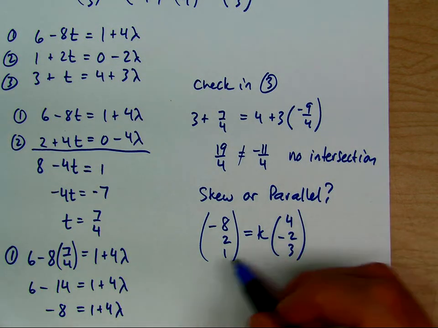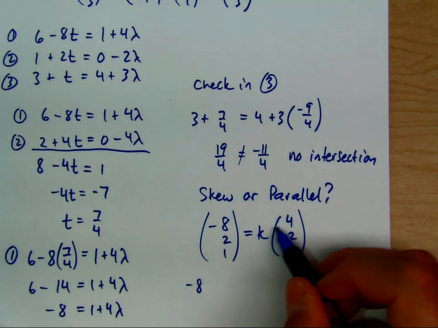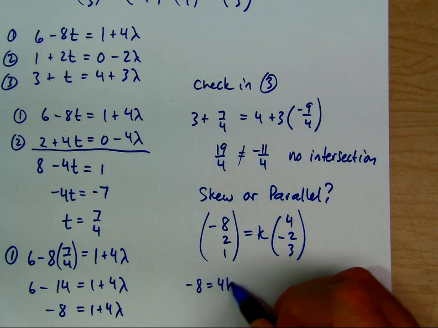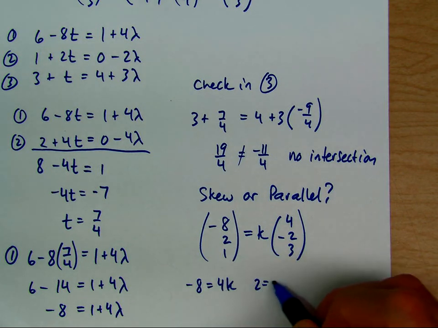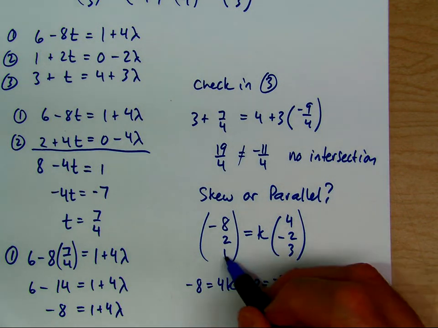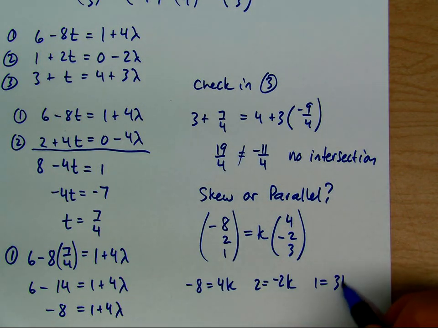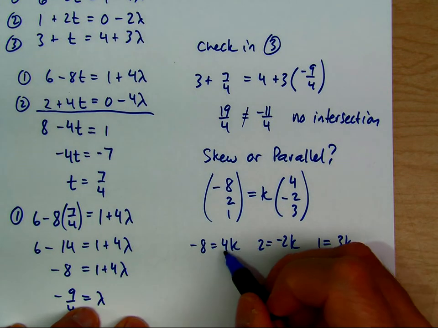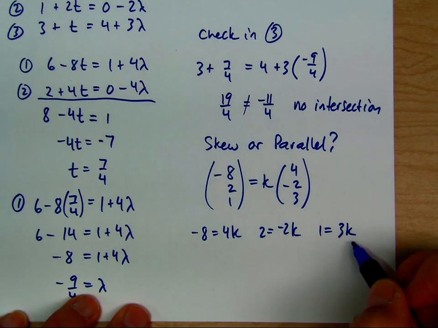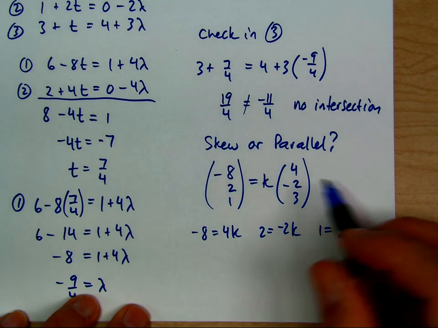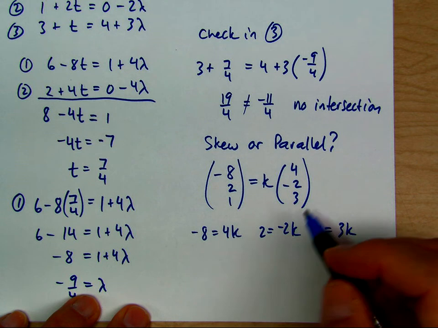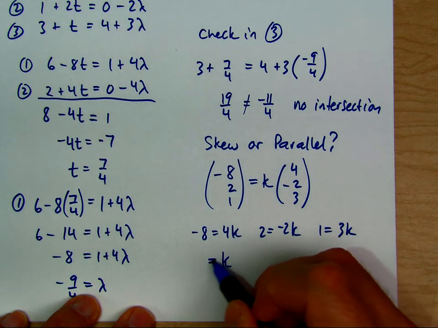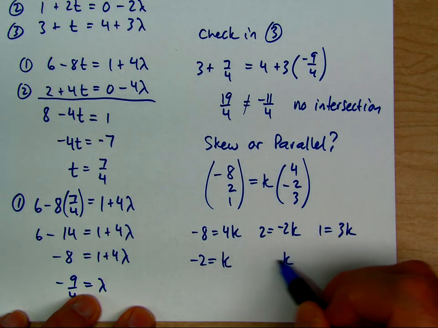And then we just check negative 8 equals 4k, 2 equals negative 2k, 1 equals 3k. If we get the same value of k for all of them, then the vectors are parallel. But here we have negative 2 for k, here we have negative 1.